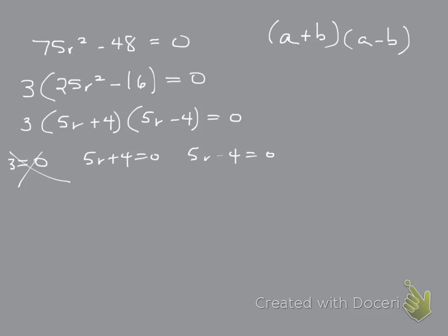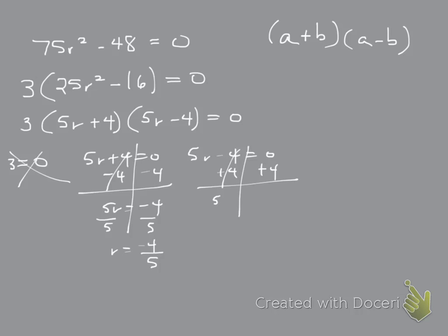Okay, now do what? Subtract 4 from both sides. That gives us 5r equals negative 4. Then divide by 5. R equals negative 4/5. Okay, then add 4 to both sides.